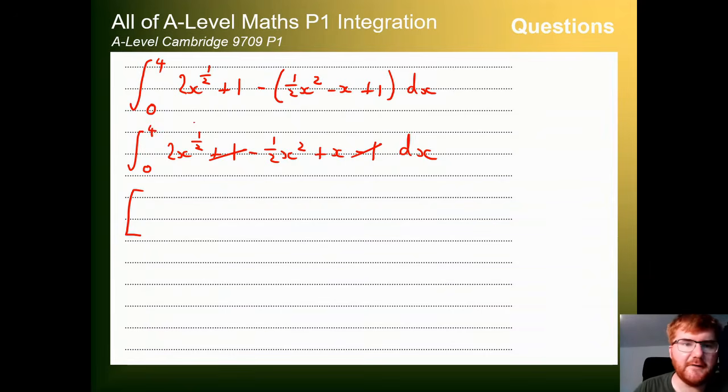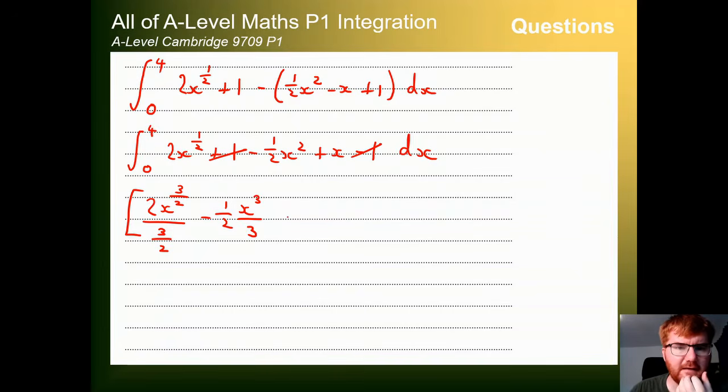So we've got 2x to the power of a half, so we add 1 to the index and then divide through by that index. Then we've got minus a half x squared, so we add 1 to the index and then divide through by it. And then we've got x squared divided by 2.